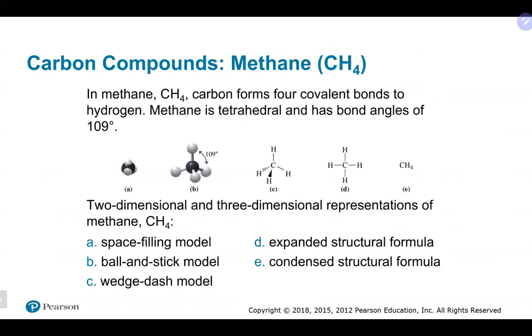So here's methane and a few different ways that we could represent methane. Methane is pretty much your simplest organic molecule you could have. It is 1 carbon with basically 4 bonds to it. And as I mentioned a second ago, there are a couple of different ways you can write it. This is the molecular formula here.